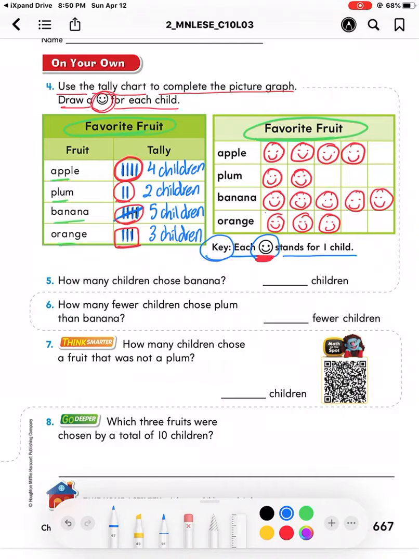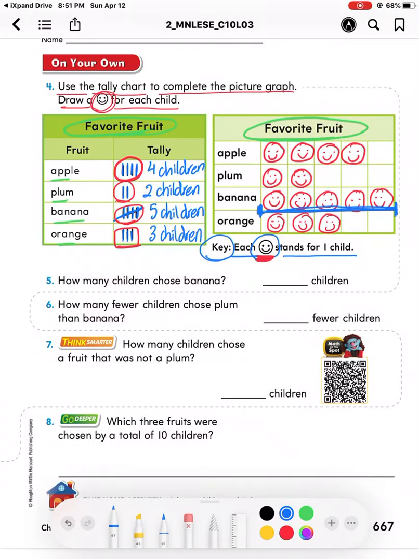Now I need to ask you a question. What was the most chosen favorite fruit? Which fruit got the highest number of children? Excellent, it's a banana. How did I know? Because banana got the longest row, right? Okay, now which fruit was considered the least to be a favorite fruit?